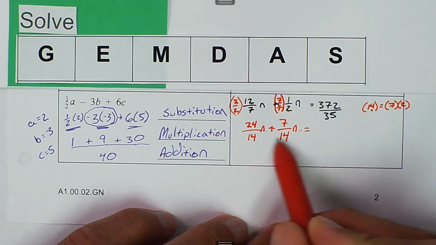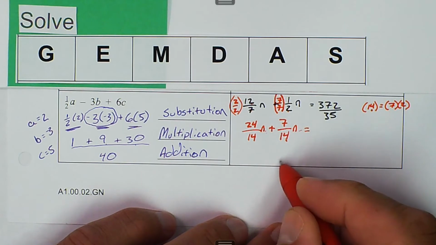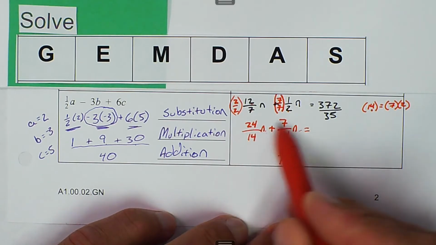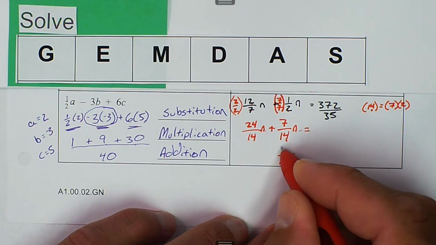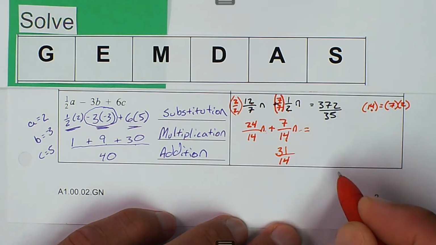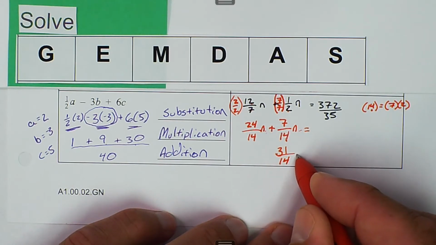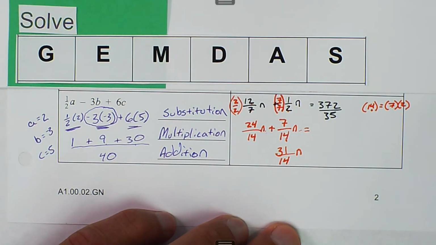Our denominator is 14. When we add, we just leave the denominator alone. So the denominator just stays 14. And then we add the numerators. So 24 plus 7 is 31. And they both had the term n, so we could leave the term n there.